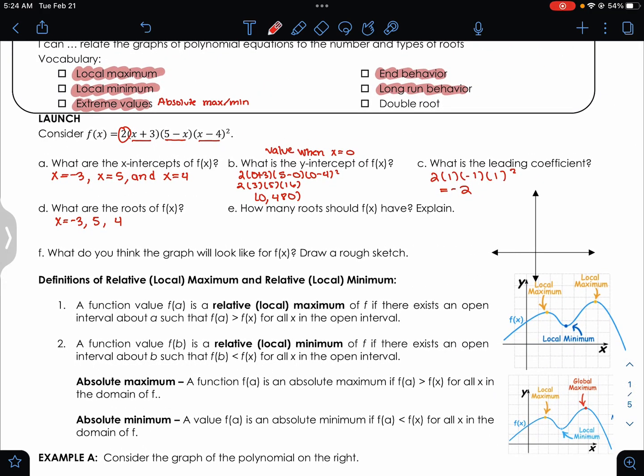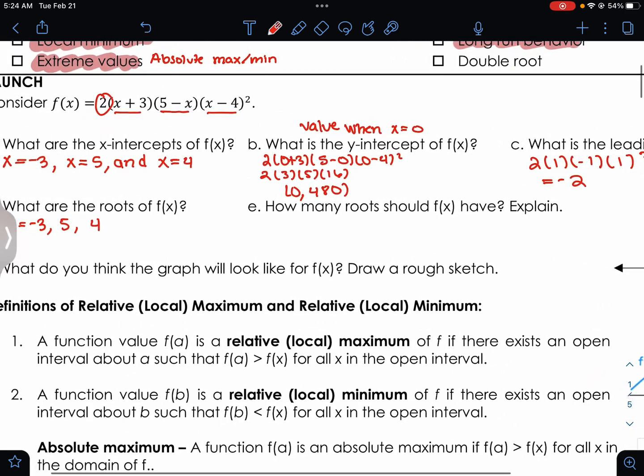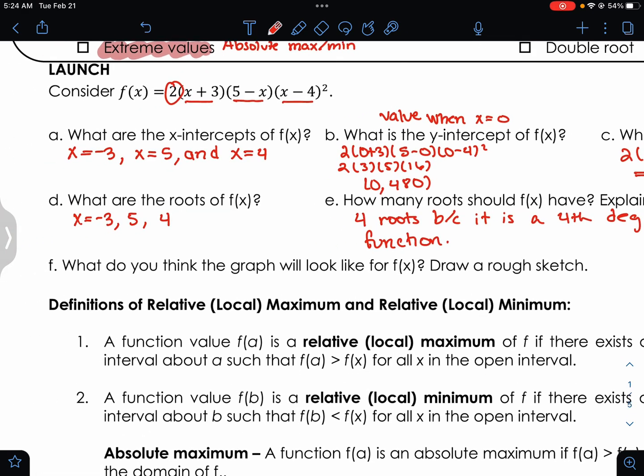So f of x should have 4 roots, because it is a 4th degree function. And so what we'll eventually learn about this in this lesson, not today but tomorrow, is that this root is a repeated root, and so it counts as 2.